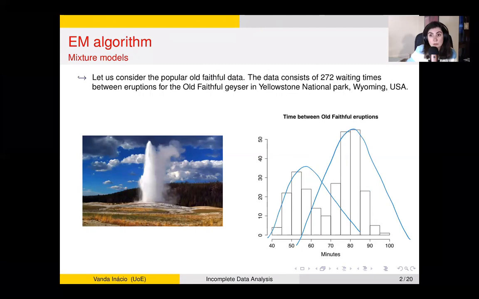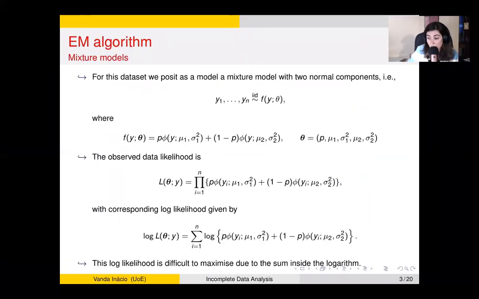So let's try to fit to this dataset a two-component mixture of normal distributions. And how does it look? We pose for our density function the following model, the one that we have here. We have two normal components and we are in the most general case, so the means are different.